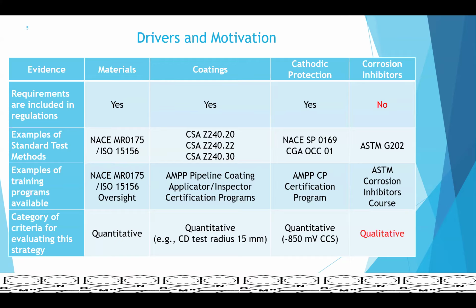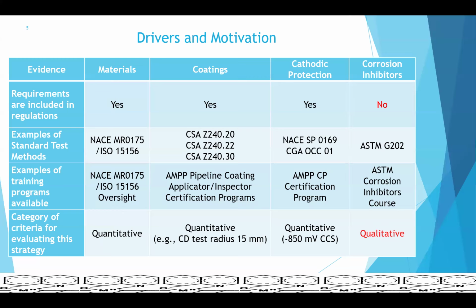And finally, if you look at the criteria for material selection, coatings, and CP, they are very, very quantitative. An inspector will come and follow the material to make sure that it meets, for example, the NACE MR0175 standard. Quantitative criteria: if it doesn't pass, the material is not selected. Similarly, for coatings, one of the tests is the cathodic disbondment test.